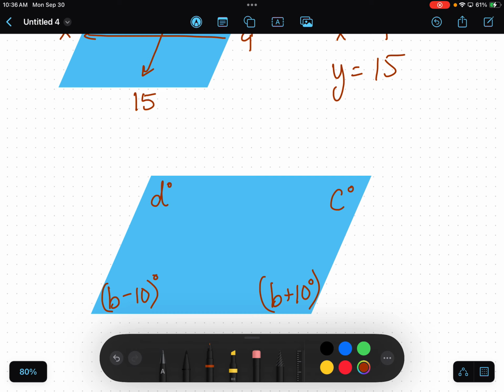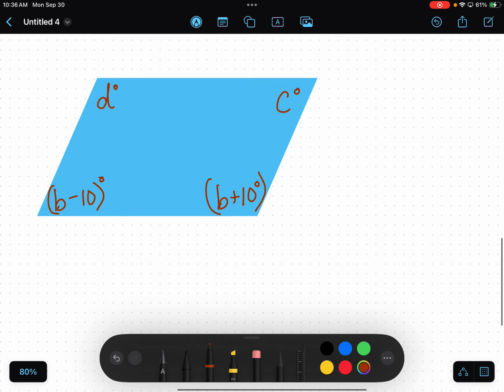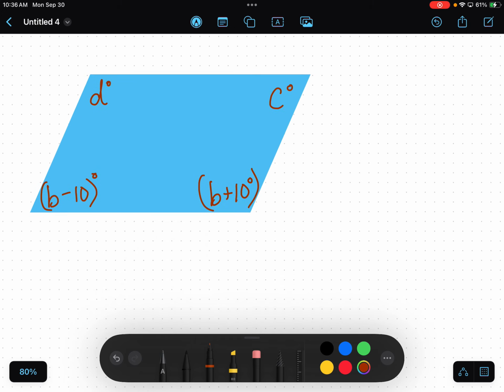What's that called when they're added to be 180 again? Supplementary, very good. So in a parallelogram, angles that are next to each other are going to add up to be 180, supplementary.